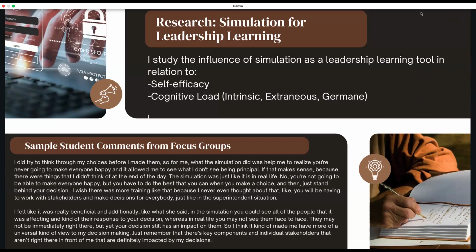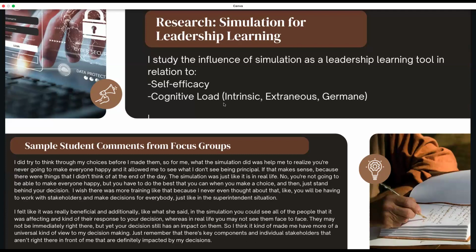And so if you're interested in that, I will be happy to send you some things and share with you. I don't have time to get in the weeds of unpacking all the pieces with this, especially with the cognitive load. But just to share with you what I have found, or we have found really as a team, is that we do see a positive impact and growth in self-efficacy for our students.